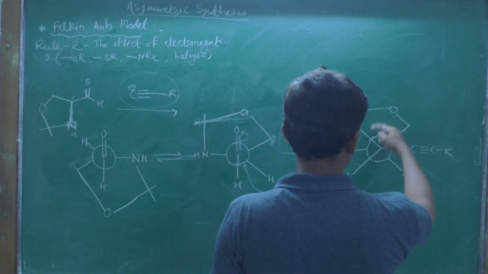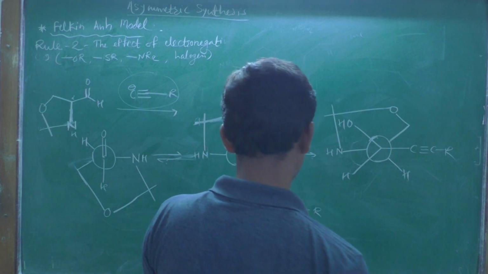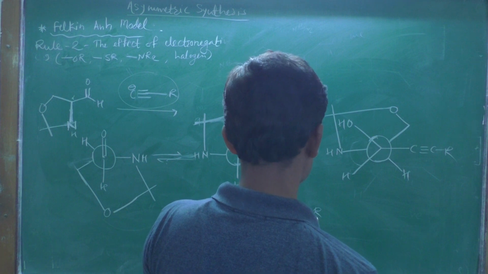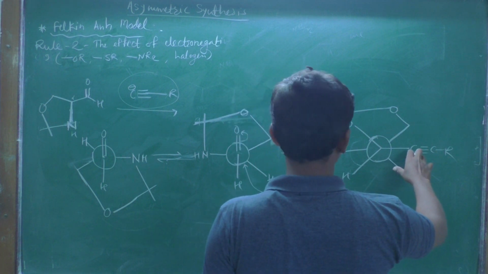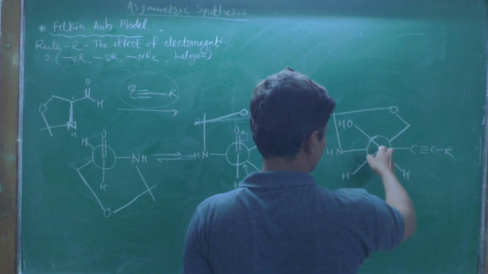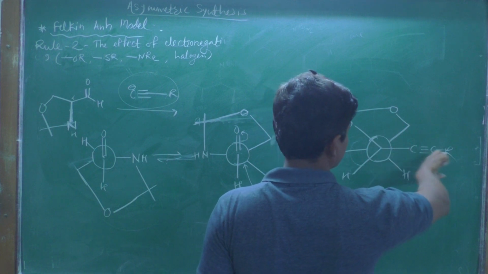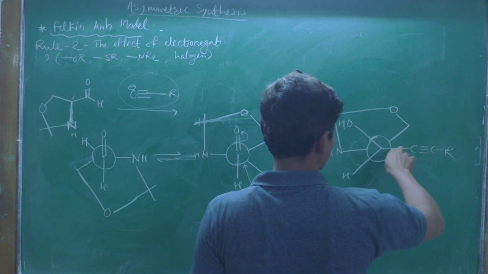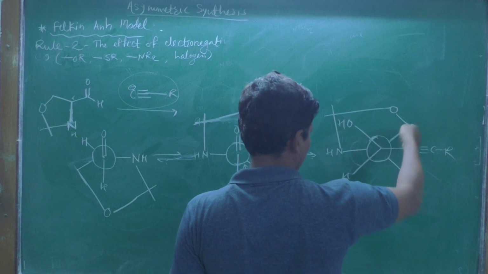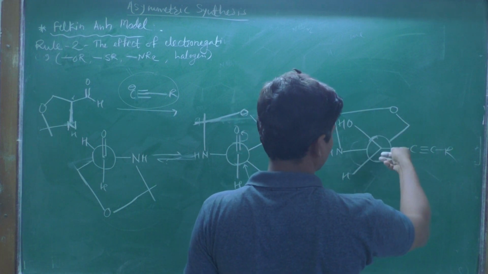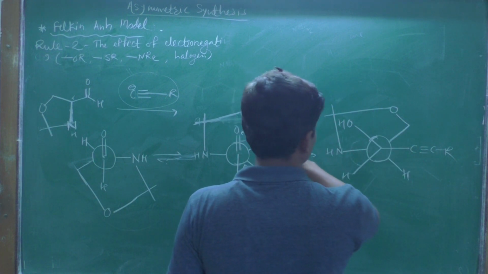This side chain and this CH2O all are in the plane. Okay, so we have to rotate this front carbon atom in such a way that this side chain C triple bond C and R, they are anti to each other. Okay, so that's why we can write them in the plane of the molecule.